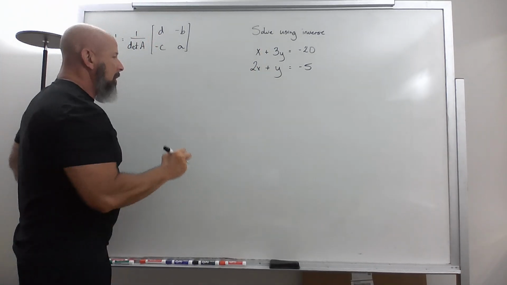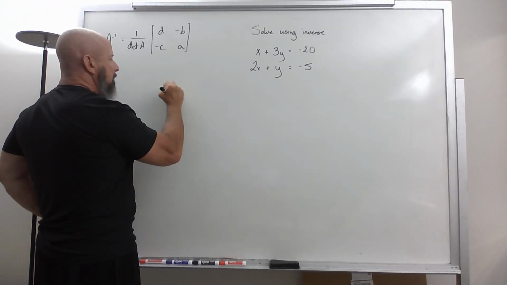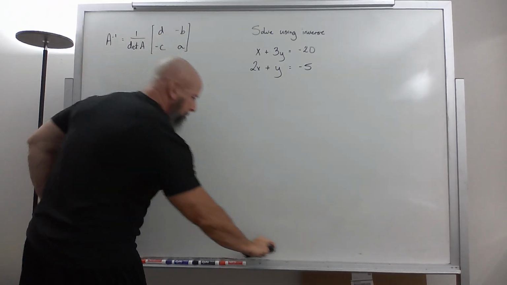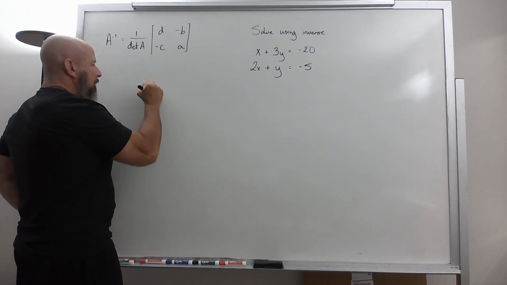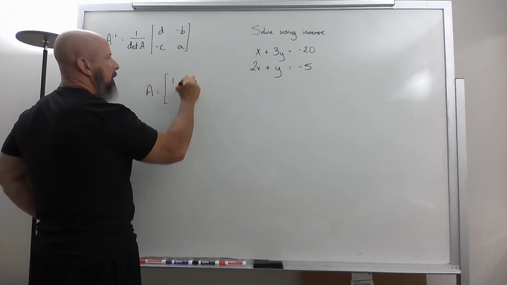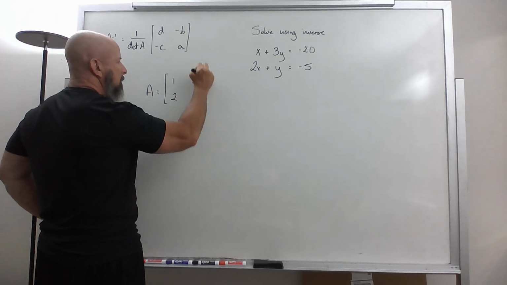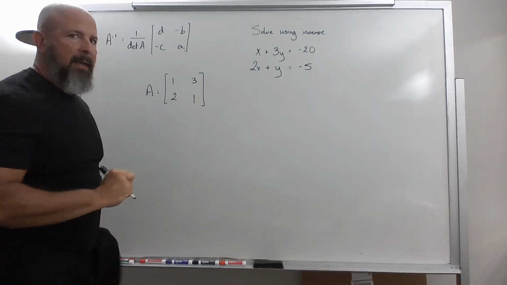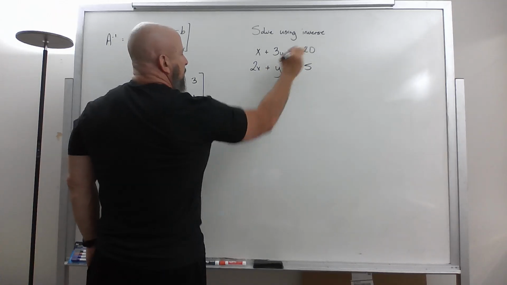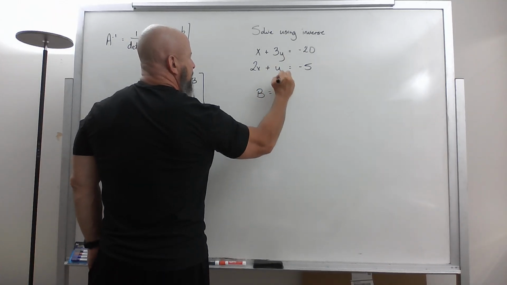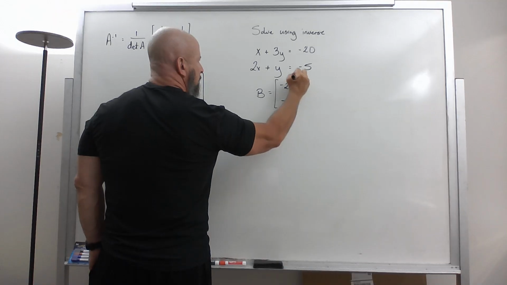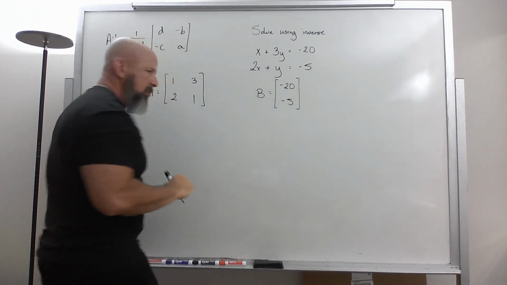So I'm going to call that matrix A. Again, I can call it whatever I want. I'm just picking A. So let's see, 1, 3, 2, 1. There's that matrix A. And then I'm going to call matrix B the answer matrix. Negative 20, negative 5. That answer column.